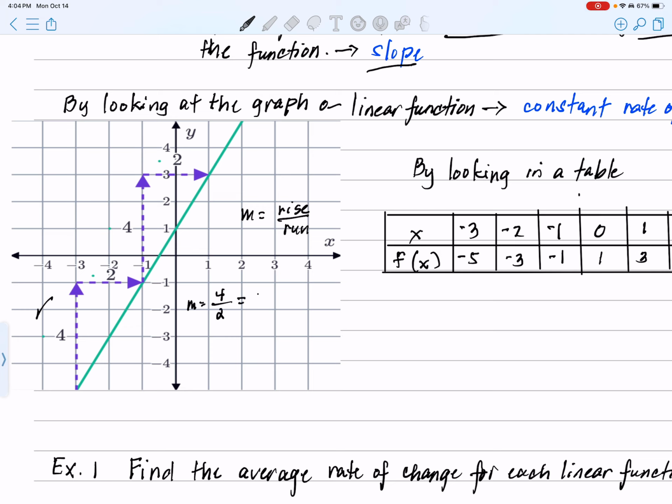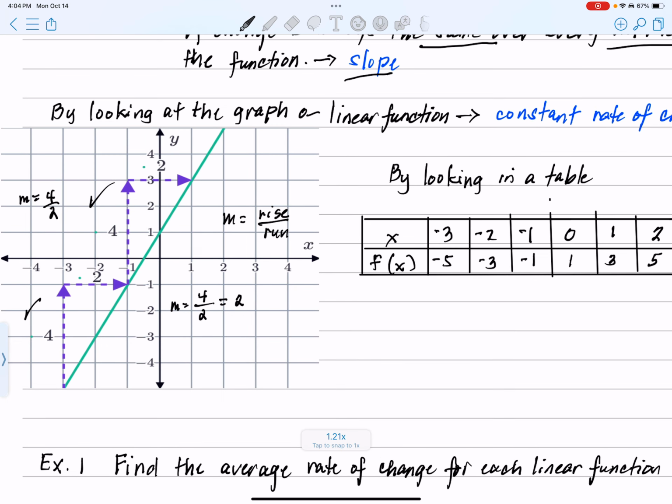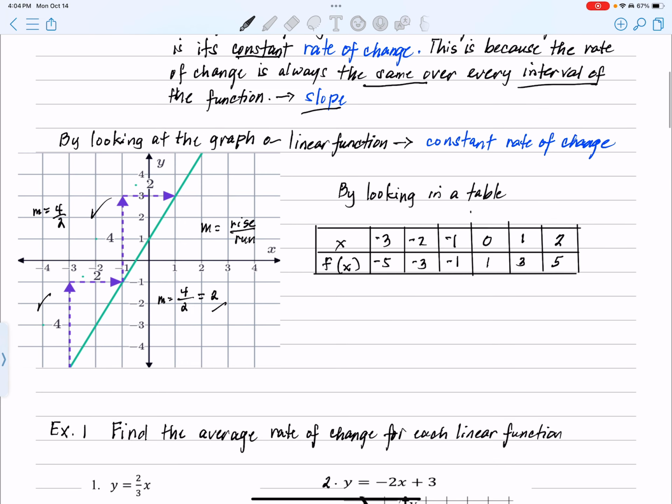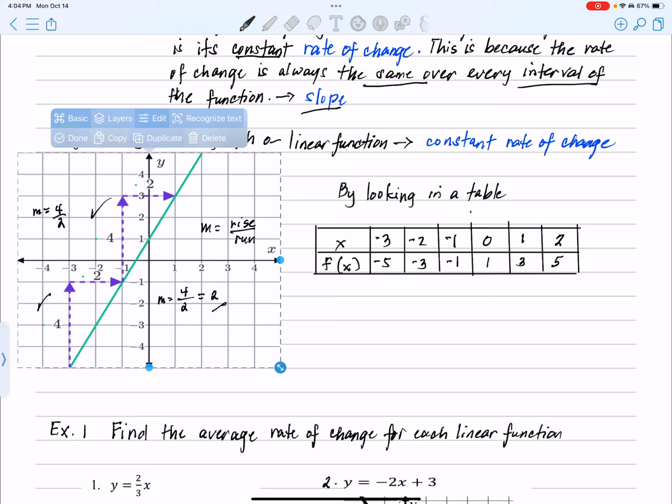That means the slope is 2. If we look at this one, it goes up 4 and then over 2. That means still the rise is 4 over 2. The slope, the rate of change, is constant. You see this? 2, 2.